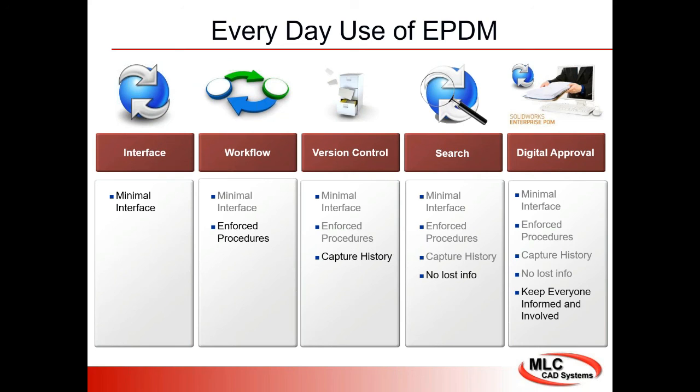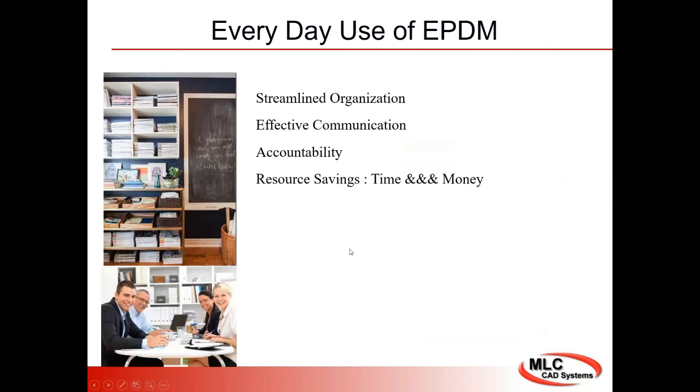I'm able to quickly go find that information based on its metadata through a searching interface. And with the digital approval, I don't have to go get things signed off. All I have to do is right-click and push it on and get everybody informed and available to the information so that everybody is involved in the process.